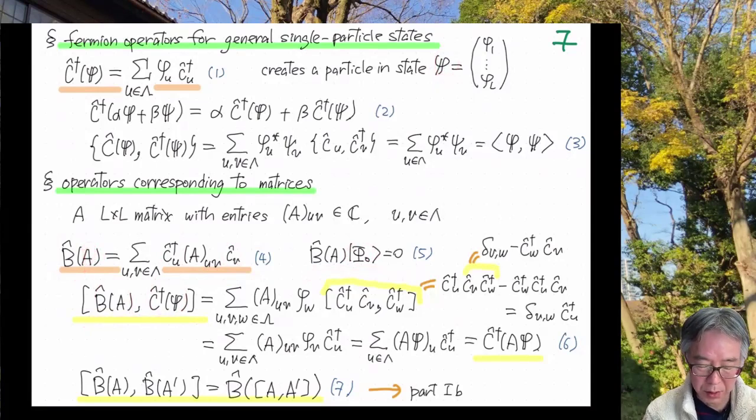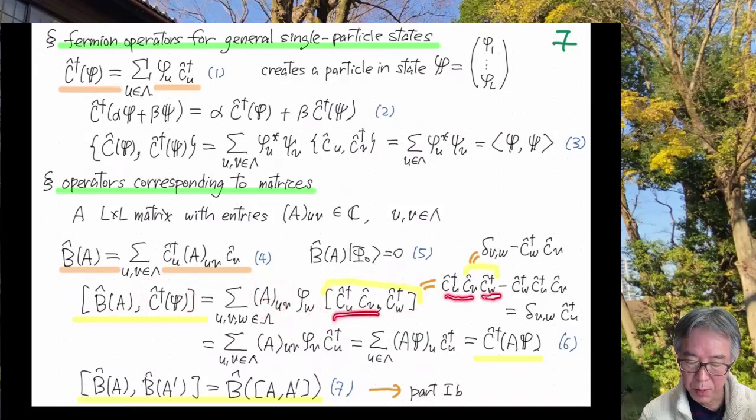Okay, so anyway, let's compute this. So I just plug in the definitions. So this part is for B_A, and this part is for c dagger phi. Okay, and now I have to compute this commutation relation. So you just write down c dagger_u c_v c dagger_w minus c dagger_w c dagger_u c_v.